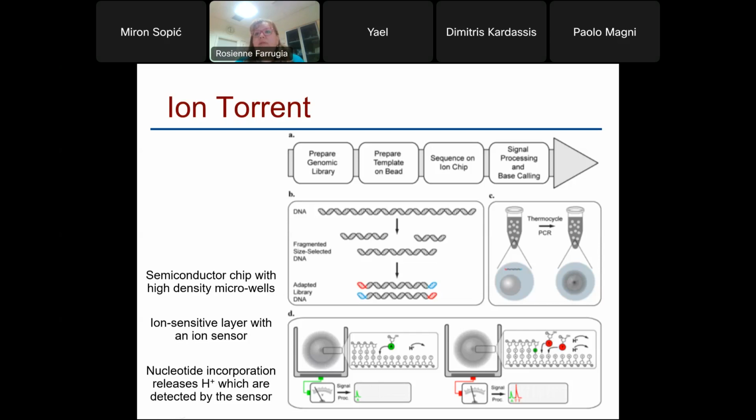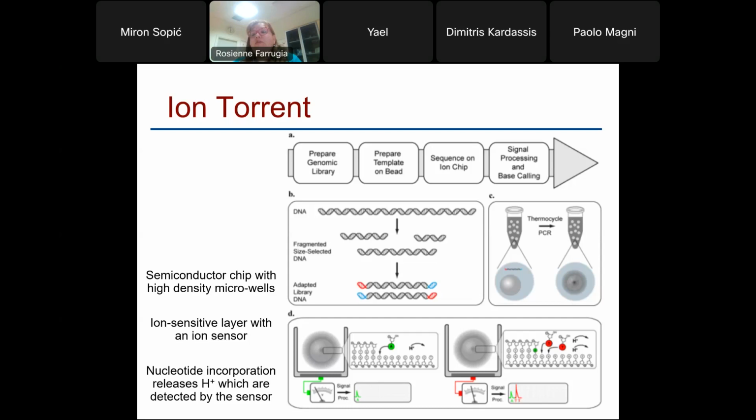So in this example, there are two A's coming up in the sequence, and therefore two T's will be incorporated within the growing chain. Since two T's are incorporated, there are two sugar phosphate bonds formed, and therefore 2 molecules of H+ are released. And this gives us a higher signal, which the computer interprets as the incorporation of 2 T's.